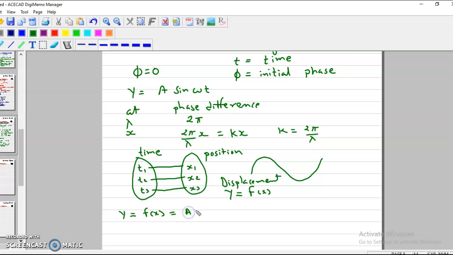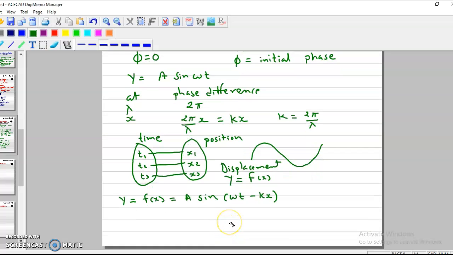Then f(x) is equal to a sine omega t minus kx. We put a negative sign because it is a difference and kx is a phase difference. To show that it is less than the origin, we write the minus sign here. So the phase difference will be minus kx. So this is the formula: f(x) is equal to a sine omega t minus kx.